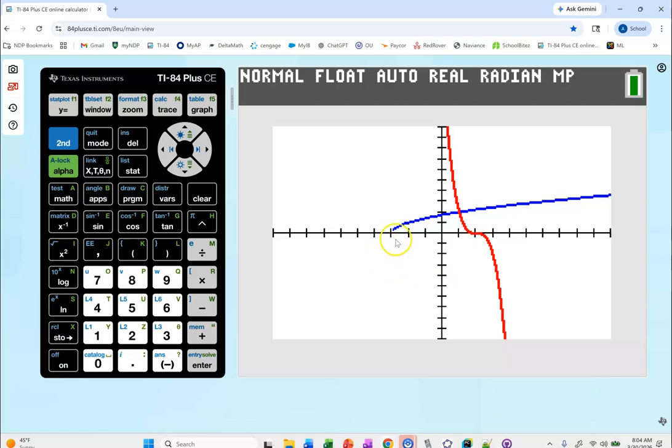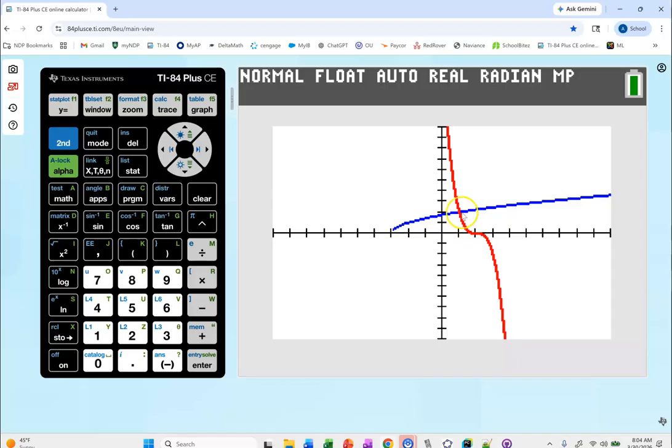Okay. Where's the blue curve hitting the x-axis? Looks like x equals negative 3, right? You guys agree? Where does it look like the red curve is hitting the x-axis? Positive 2.